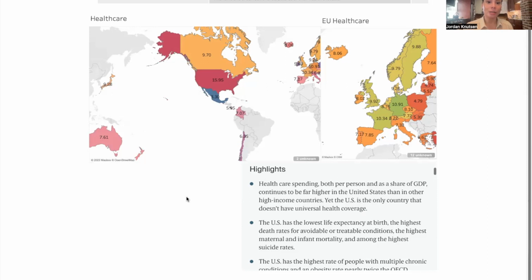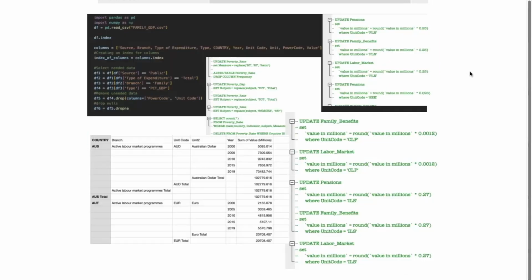As we can see, the United States is a clear outlier, with 15.95% being spent on healthcare, compared to Canada, which sits at 9.7%, or some of the EU countries, which we can see the highest rate is 10.91% in Germany, with many of these other countries sitting far below that rate.